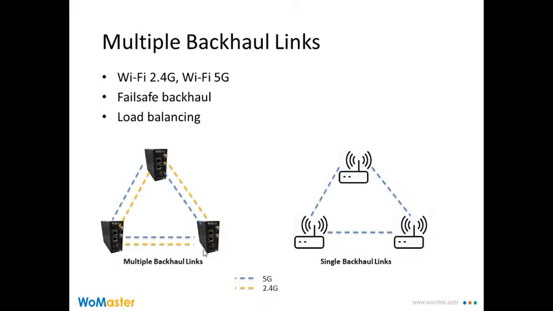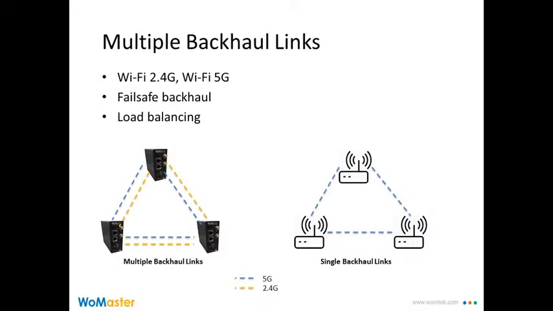With the multiple backhaul links, users can have the 2.4G and the 5G as the backbone at the same time. Once one of them fails, it can switch to another one for redundancy.